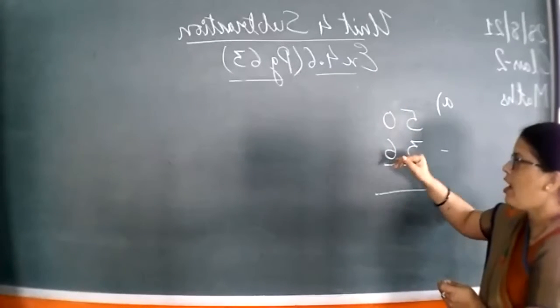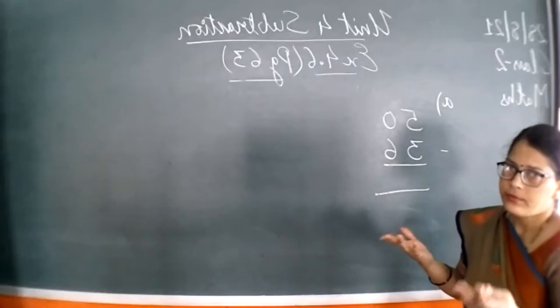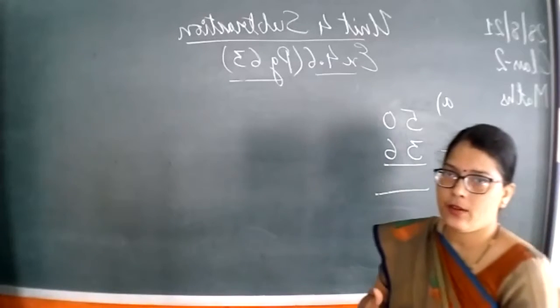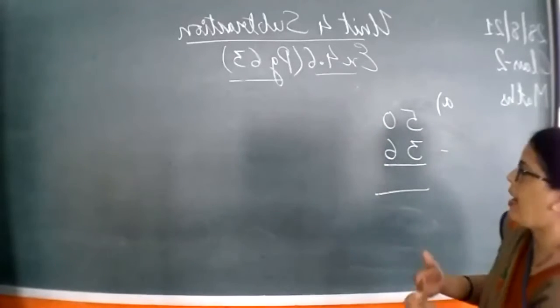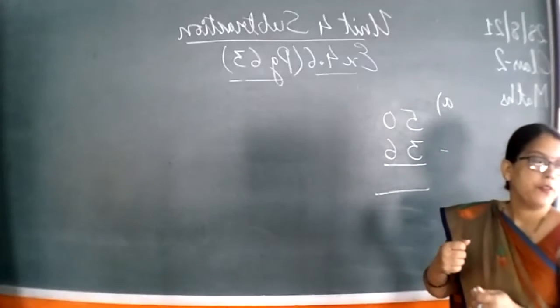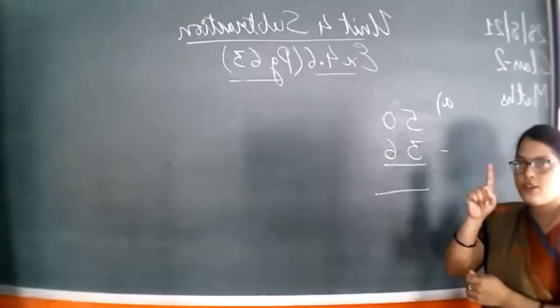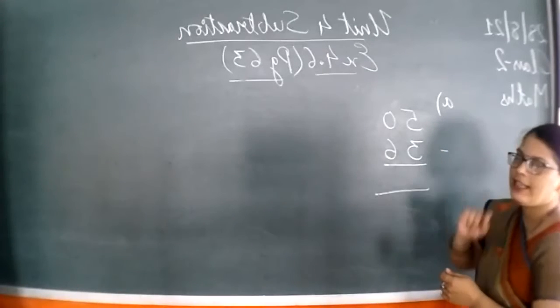At ones place we have to subtract 6 from 0. But 0 means nothing, we cannot subtract any number from 0. So what we need to do is borrow 1 from the tens place.